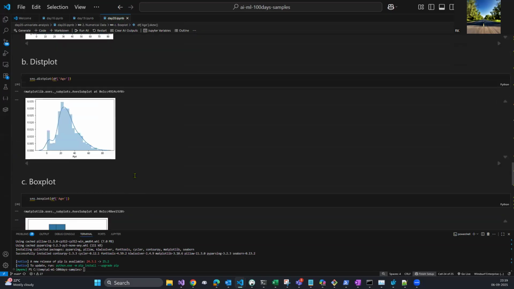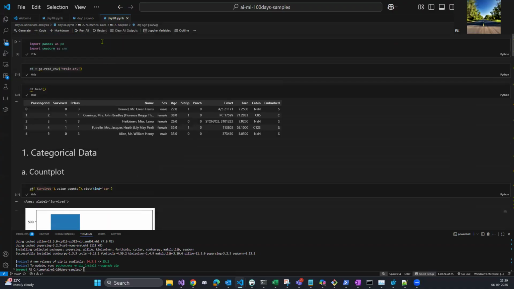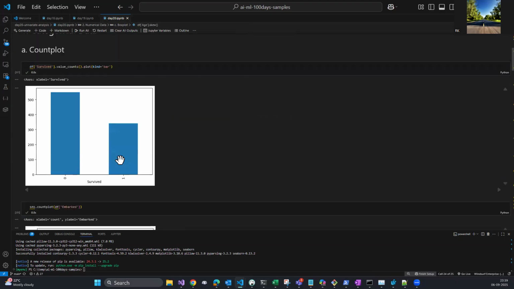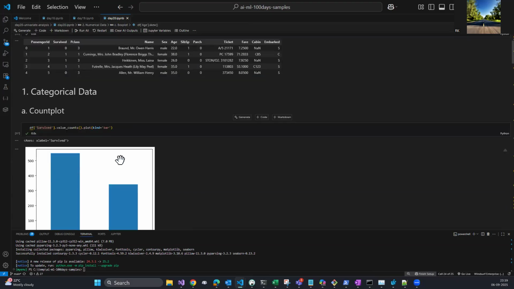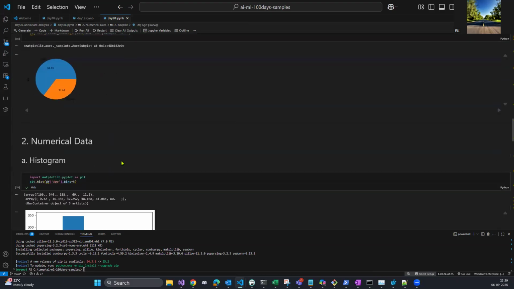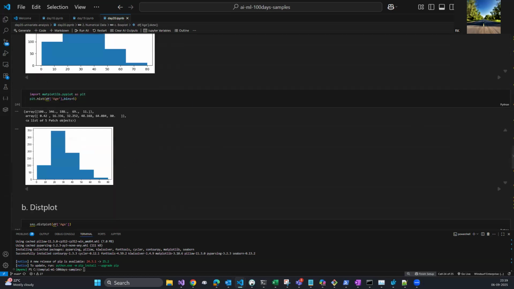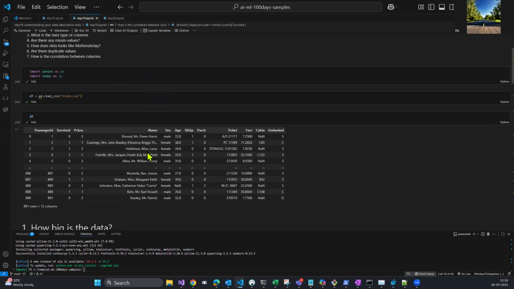So these are the two ways of doing exploratory analysis or understanding your data, in a non-graphical way and in a graphical way, and it will give you an understanding about the data. So hopefully this will be helpful for you, and we will see you in the next session.